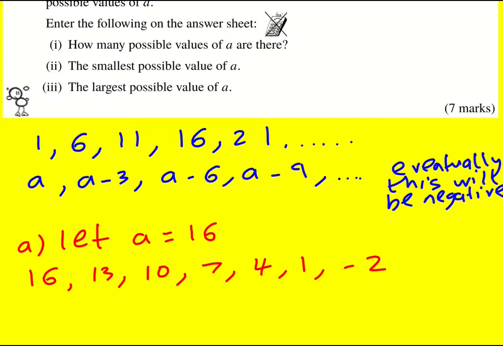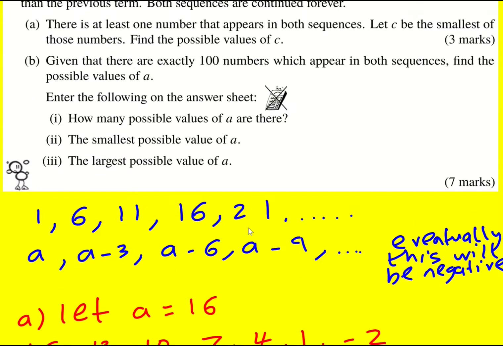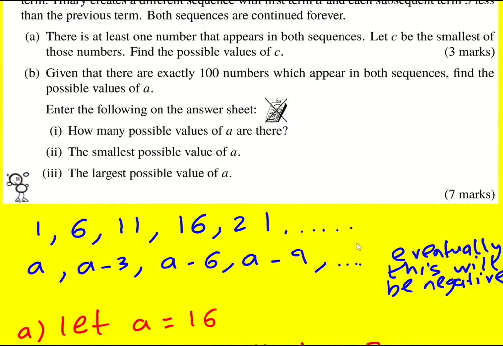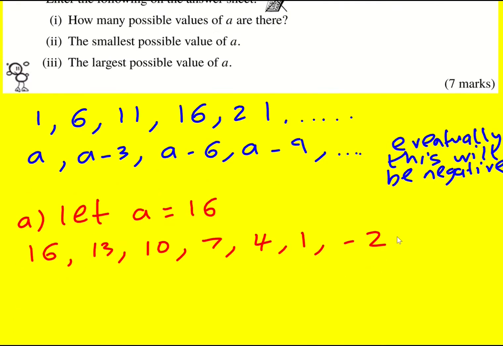So I see that I've satisfied this. There's at least one number that appears in both sequences. I've actually managed to get two, but here's the key one I'm interested in, the 1 and the 1 here.